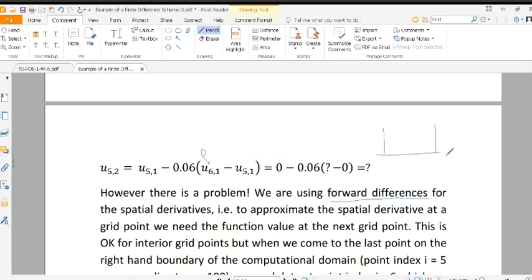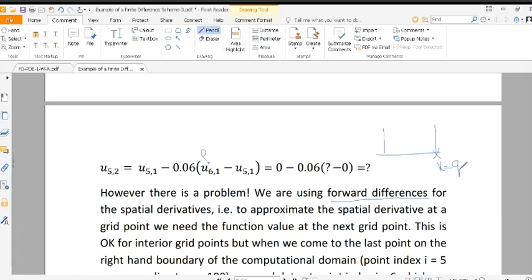In the grid, the right boundary is associated with x equal to q. When we use the forward difference, we cannot compute the value of u at the right boundary.